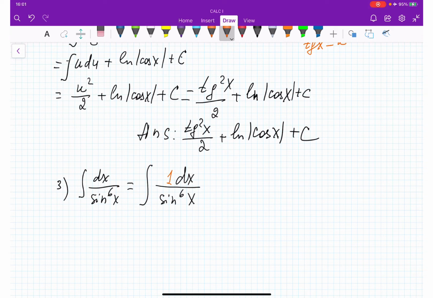The thing is, because I have sine to the power 6, there is nothing much to work with. So I'm going to manipulate with 1, which, as we know, sine squared x plus cosine squared x is equal to 1.